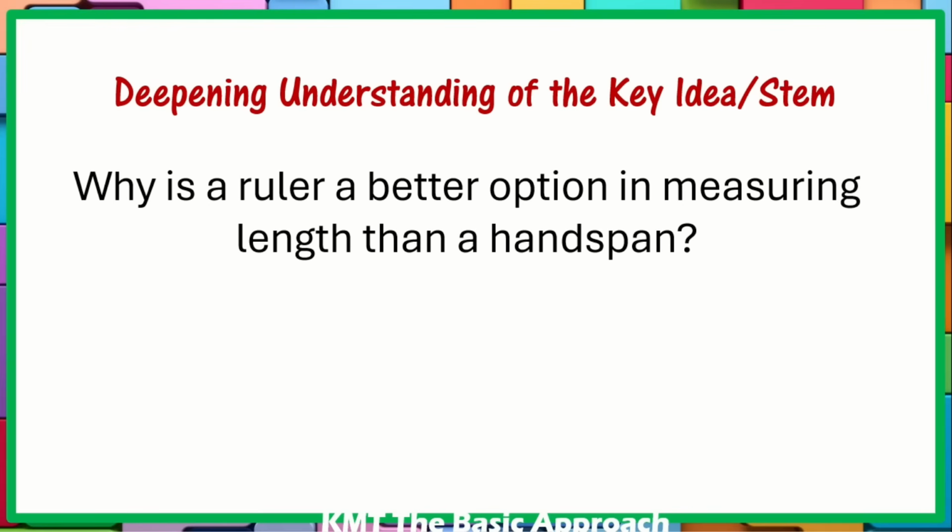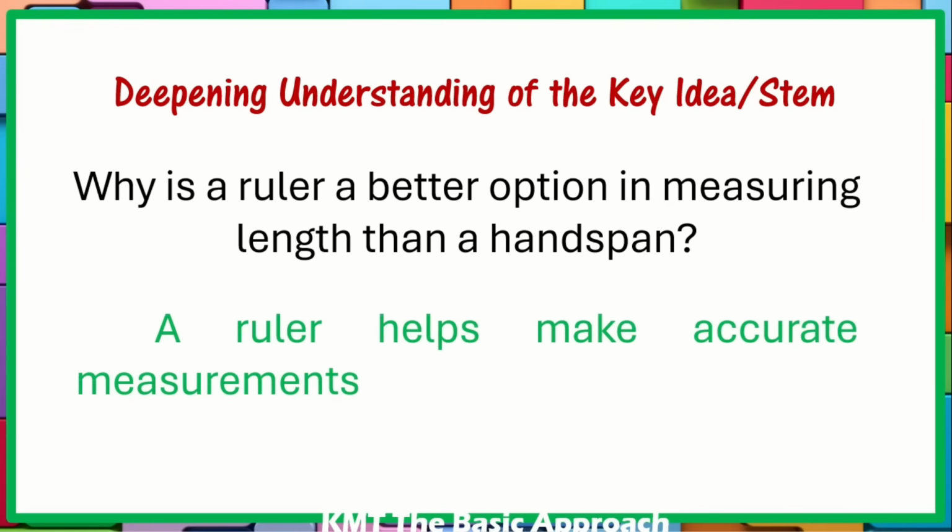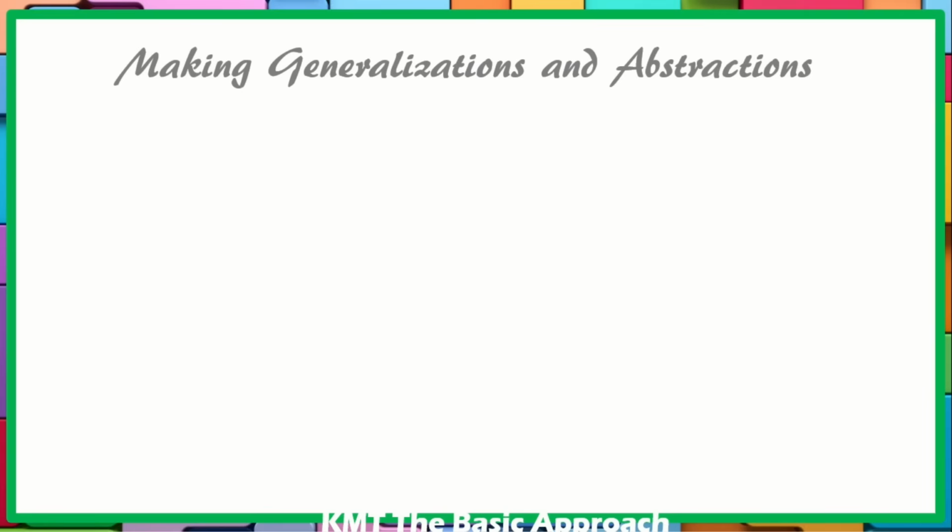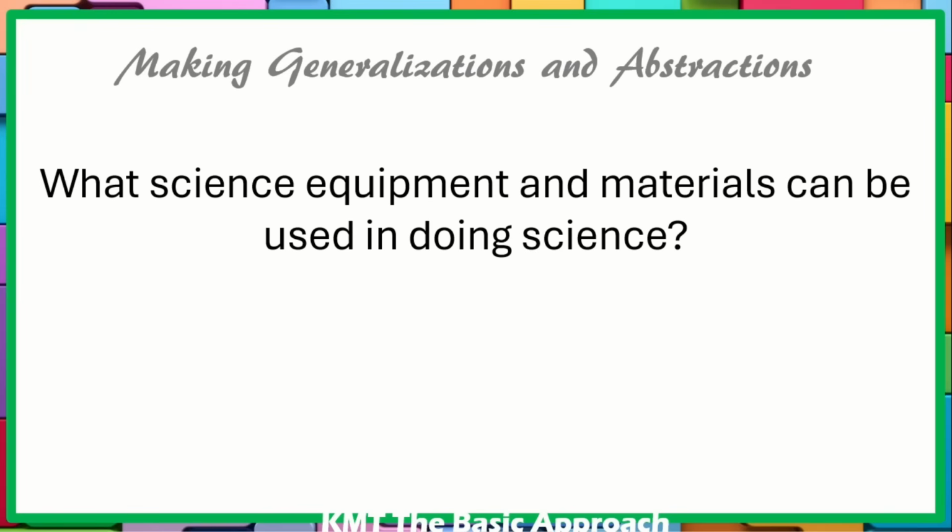Why is a ruler a better option in measuring length than a hand span? Good job! A ruler helps make accurate measurements. Making generalizations and abstractions. What science equipment and materials can be used in doing science?